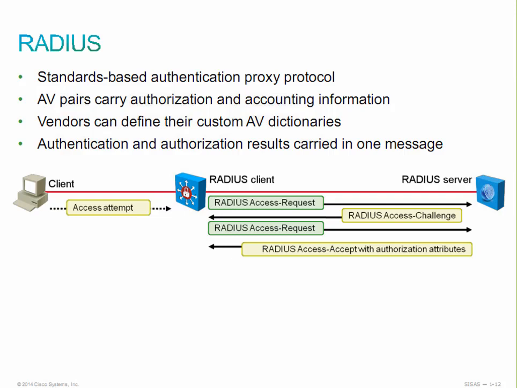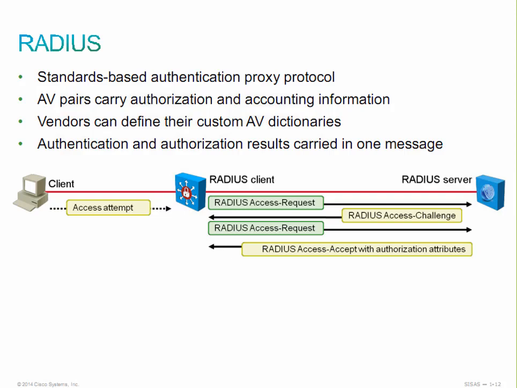Different prompts that are processed through TACACS and so on. We could go into hours and hours and hours of discussion on the different AV pairs, but I wanted to describe essentially what those AV pairs represented.